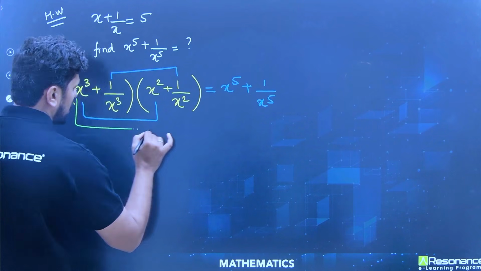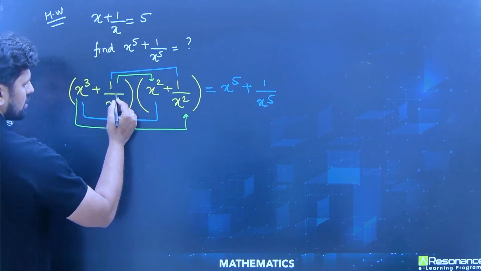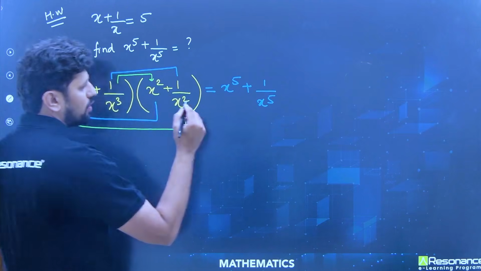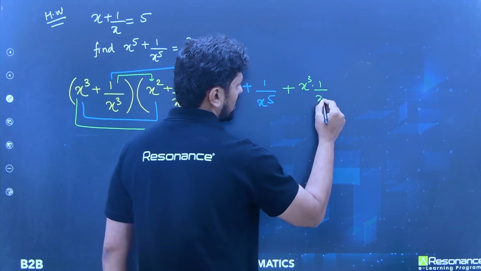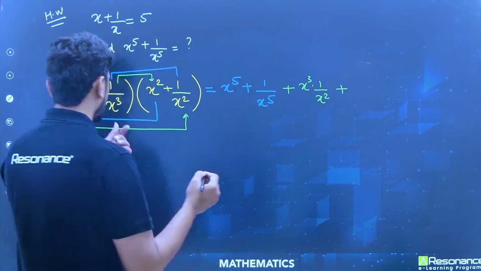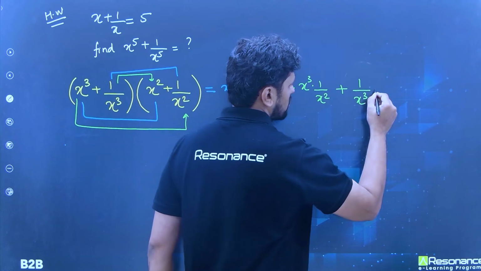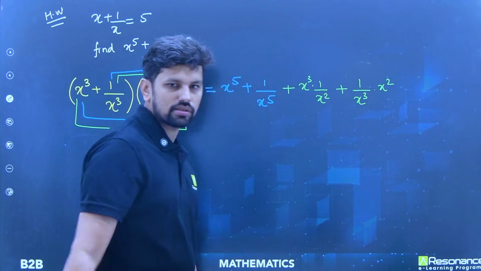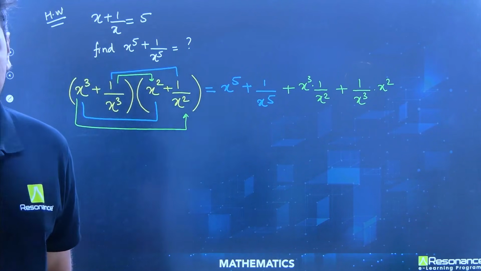When this is multiplied by this and this is multiplied by this, x cube into 1 by x square, I will get x cube into 1 by x square plus 1 by x cube into x square. Is it correct? Everybody understood this?